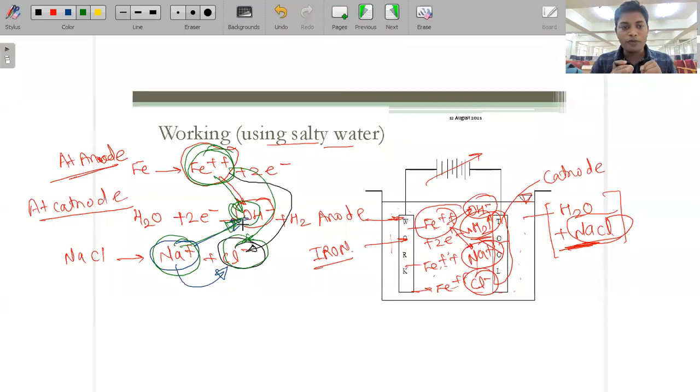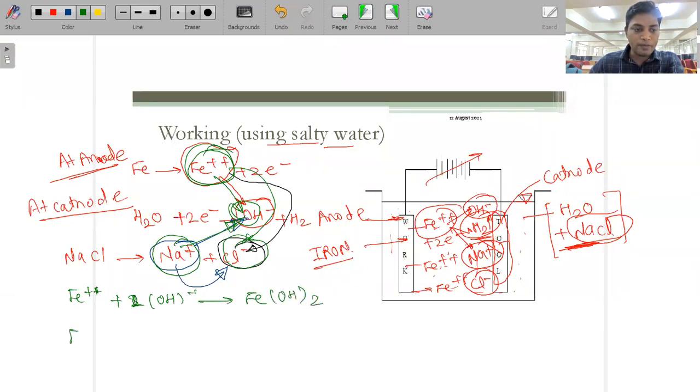So now, just write the reactions as per the ions. Fe plus plus ions react with 2 OH minus ions and form Fe(OH)2.